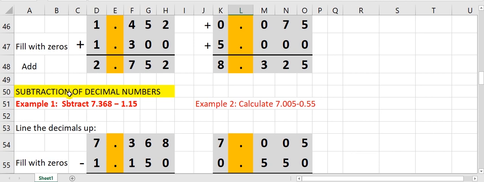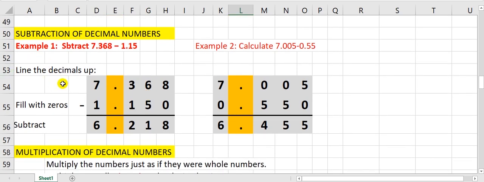When we want to subtract, subtraction of decimal numbers. Example 1. The same procedure. 7.368 minus 1.15. Here is 3 decimal places, but here is 2. So I complete it with 0.